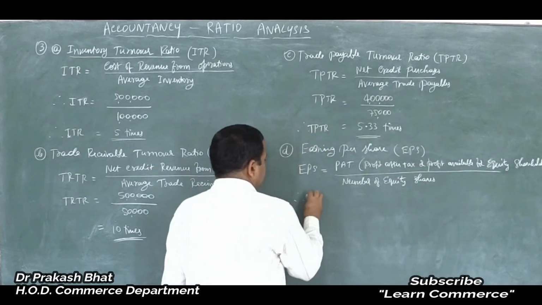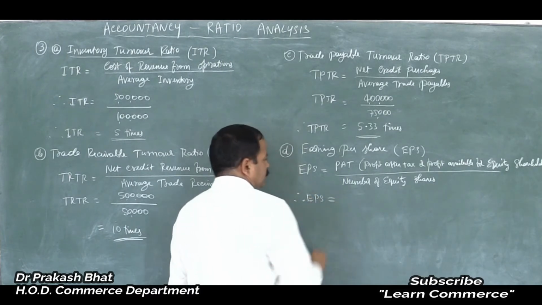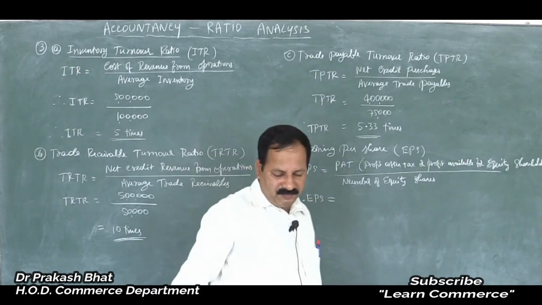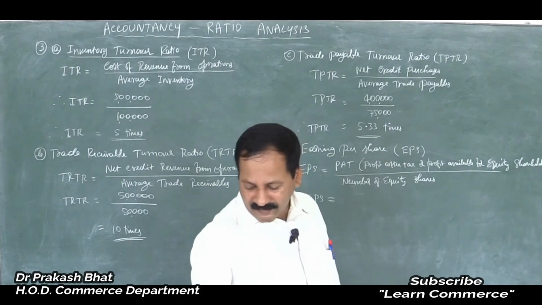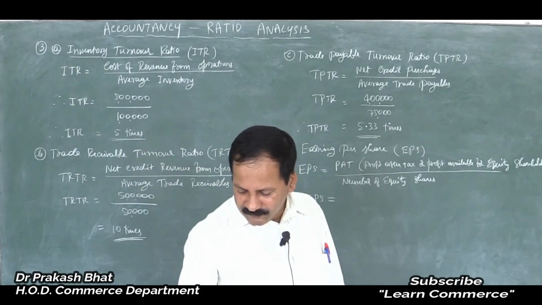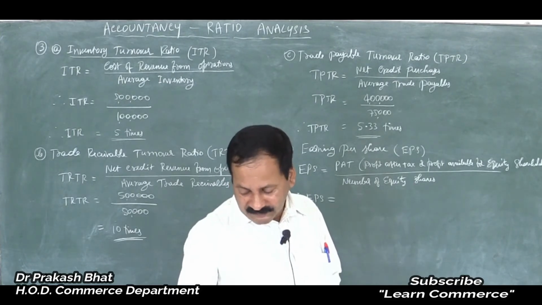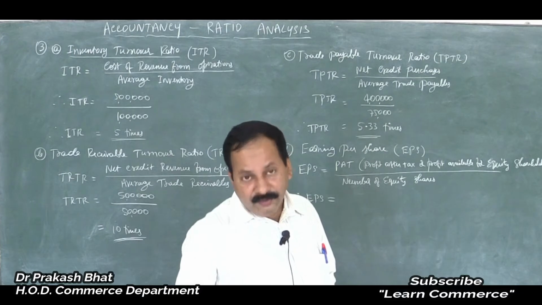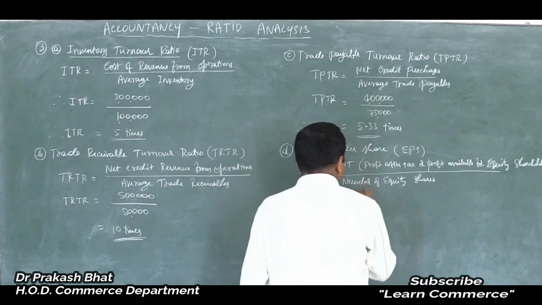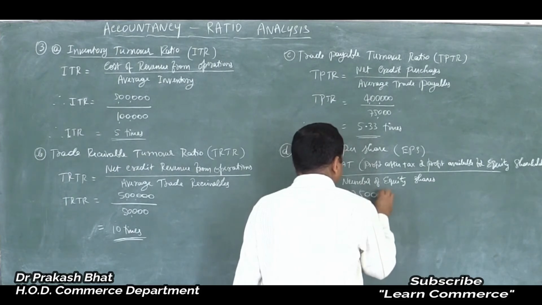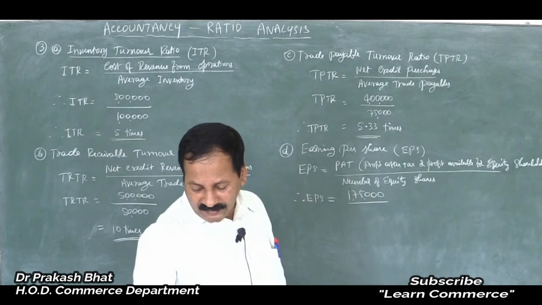Therefore, EPS is equal to profit after tax. How much is it? That is 1,75,000, right? Net profit after tax but before dividend, that is the amount available for distribution among the shareholders. So 1,75,000 divided by number of equity shares.